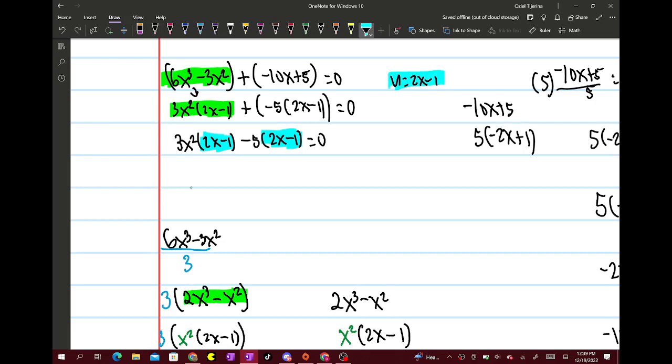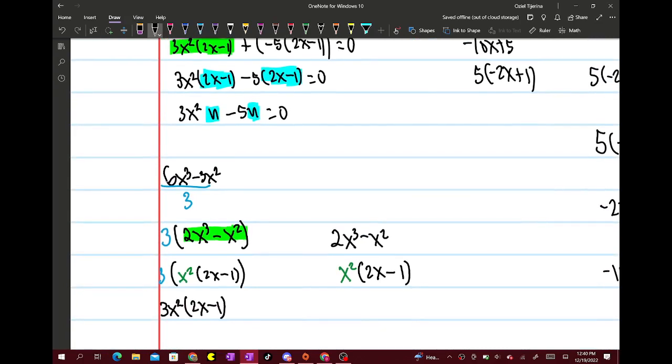So then if I say 3x squared times u, so 3x squared u, and then minus 5u is equal to 0. So I can factor out a u, right? So u times 3x squared minus 5 equals 0.